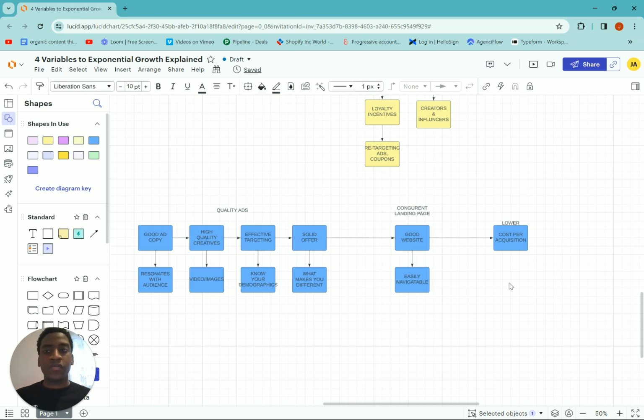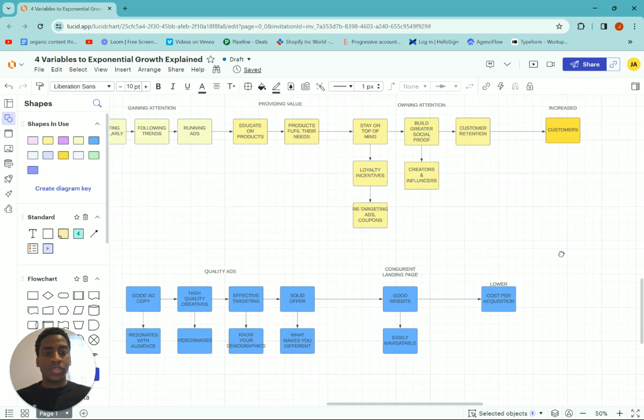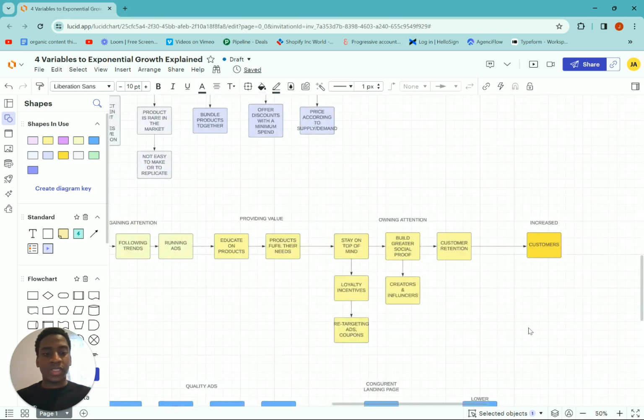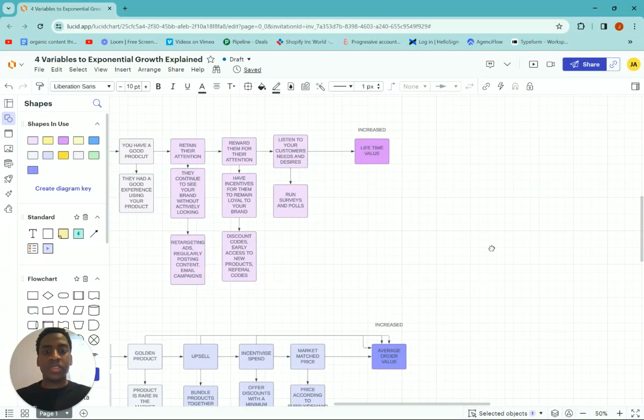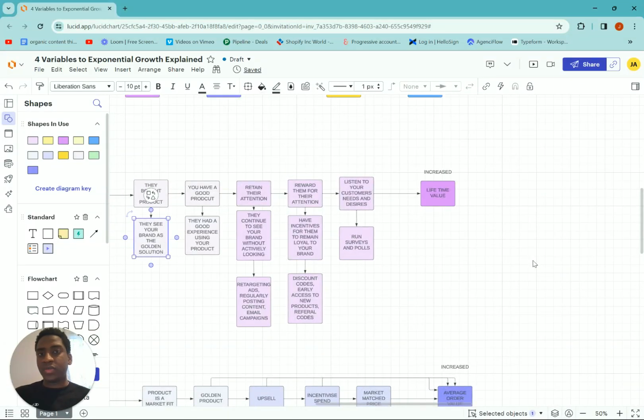So these are the 4 variables that if you deal with accurately and adequately, so increasing customers, decreasing CPA, right, increasing average order value, and increasing lifetime value, it makes it unreasonable for you not to have exponential growth in 2024.